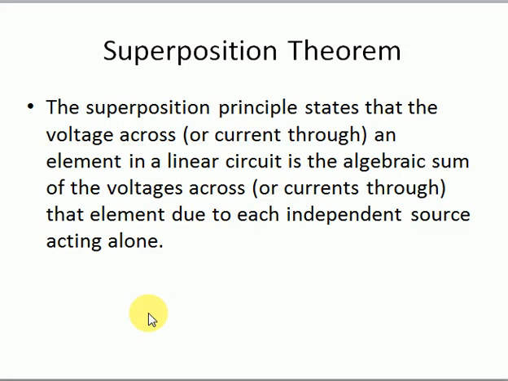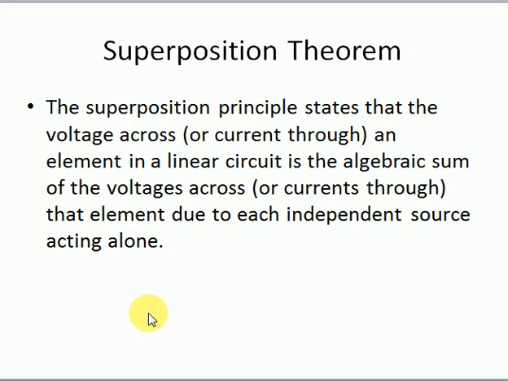After finding that value of I, we again find the value of I, but now with the other input, while removing the first input. When we get the result of I with the other input, we add up both the currents, both the responses.